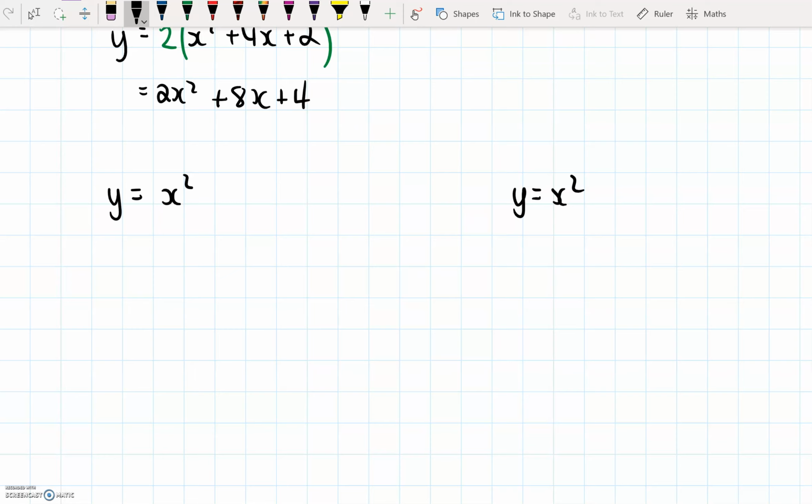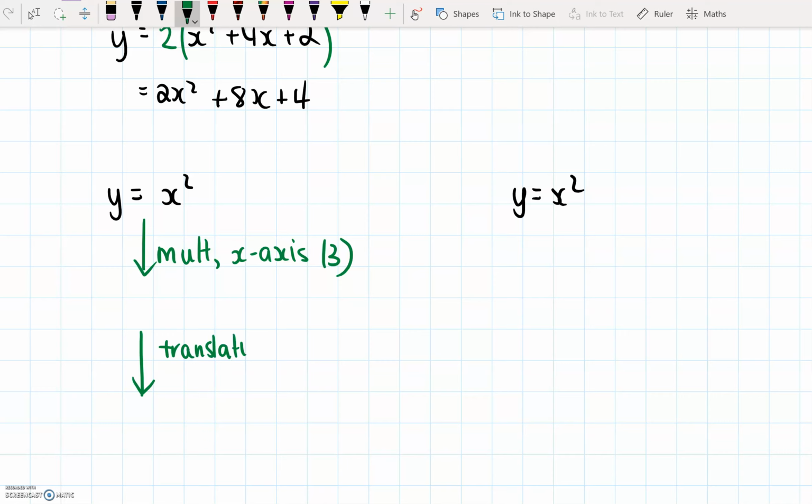If I said to you, I want you to transform this by multiplying by a factor of 3, and what you're also going to do is translate with, let's say, (3, -1).